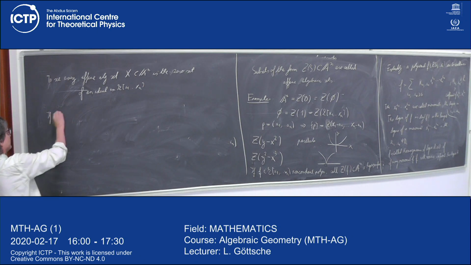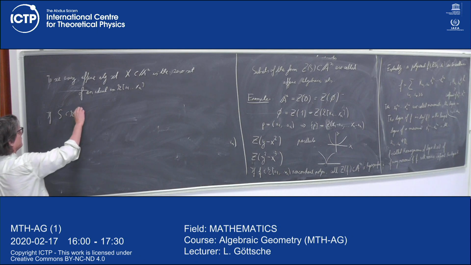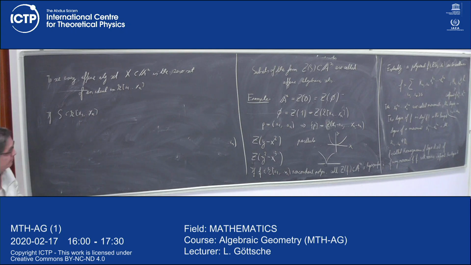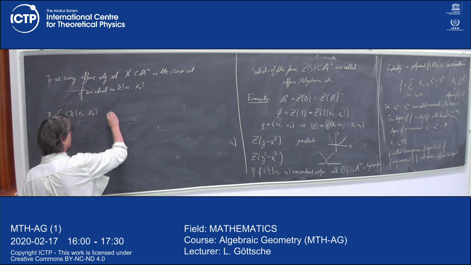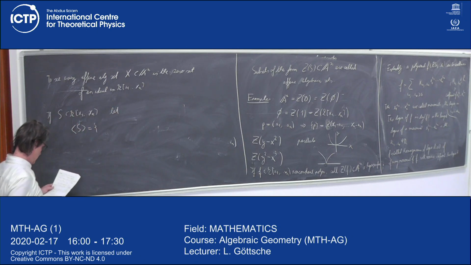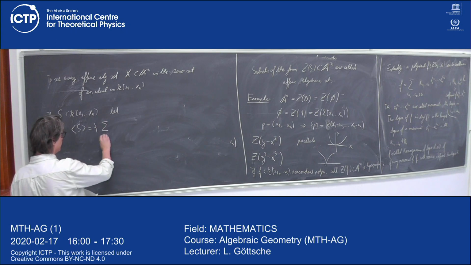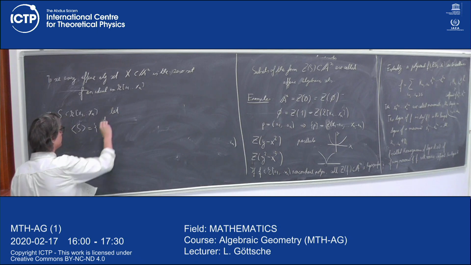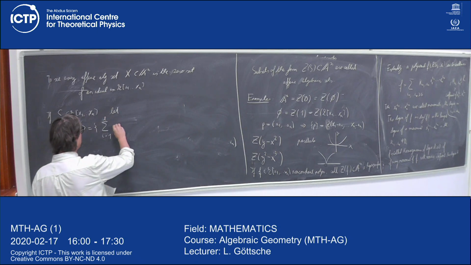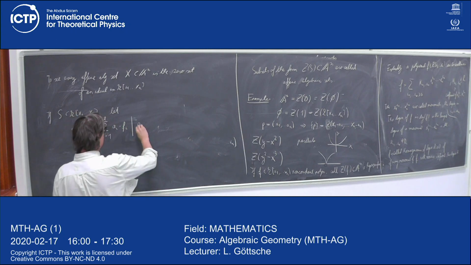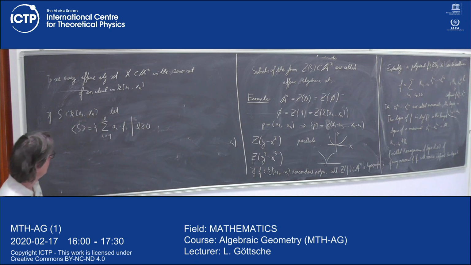So if I have a set S in k[x1, ..., xn], we can look at the ideal generated by S, which is defined to be the set of all finite linear combinations, the sum from i equals 1 to l of a_i f_i, where l is some non-negative number, can be any number of summands.